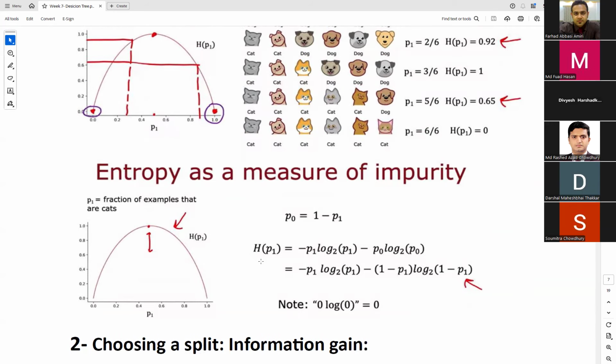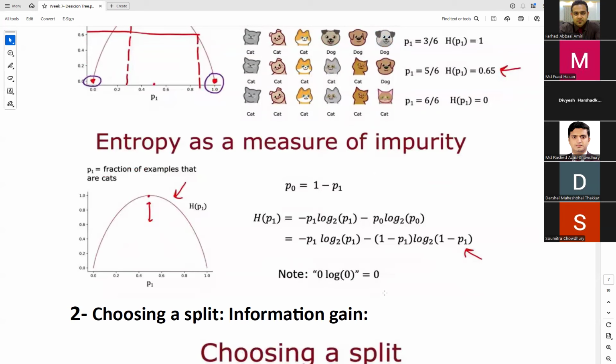And then the general expression for calculating H of P1, the entropy, would be this expression. If you rewrite it by replacing P0 with 1 minus P1, you get this final expression. If you calculate P1, then you can calculate the entropy of P1 by using this equation here.